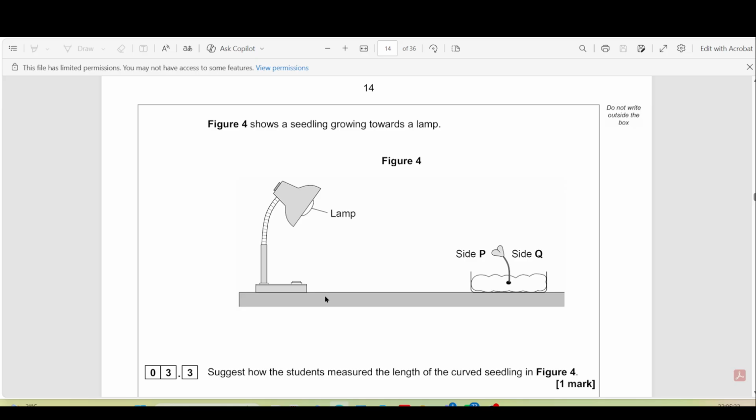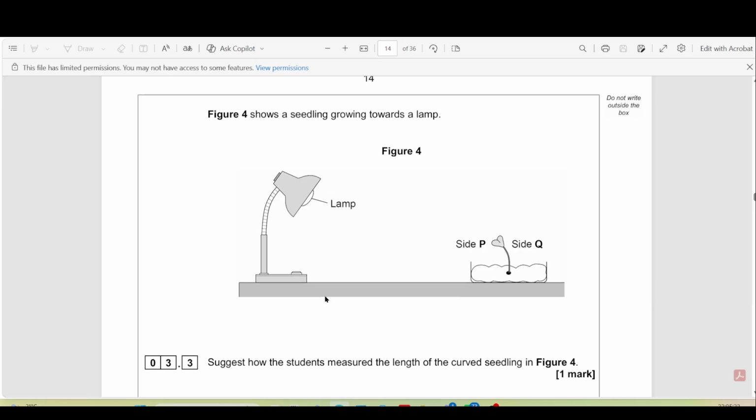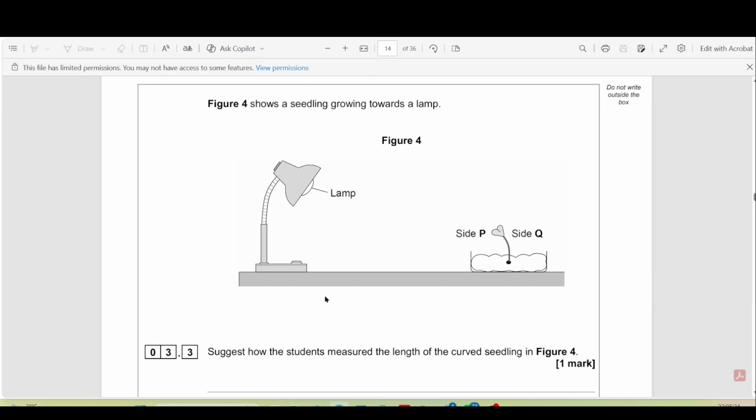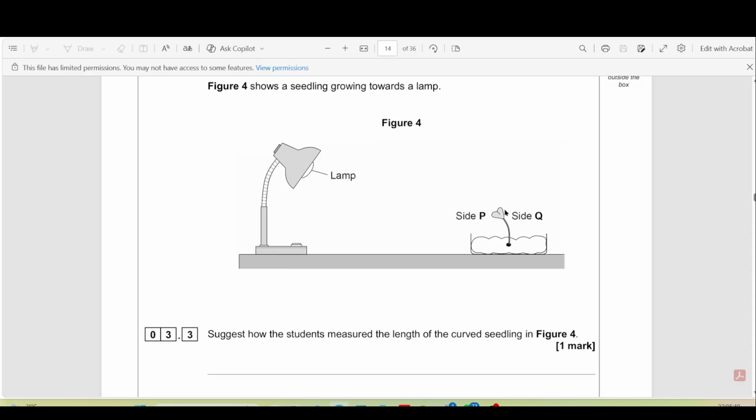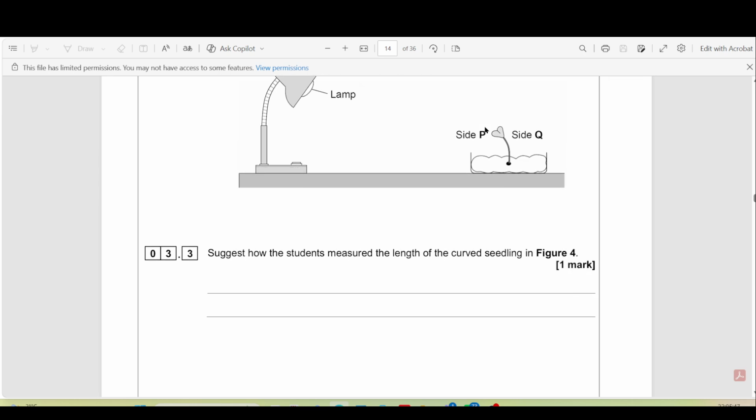Or, you should write a flexible ruler so that we can bend it, or a tape measure, which is flexible. Because the seedling is curved, it is not straight. If we have a straight ruler which is not flexible, we cannot use it. So write flexible ruler.